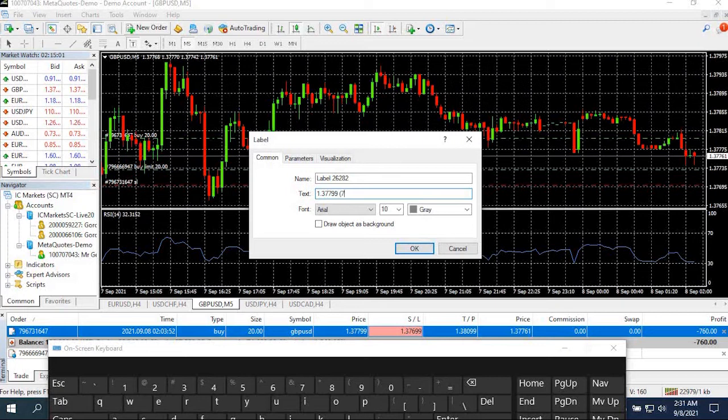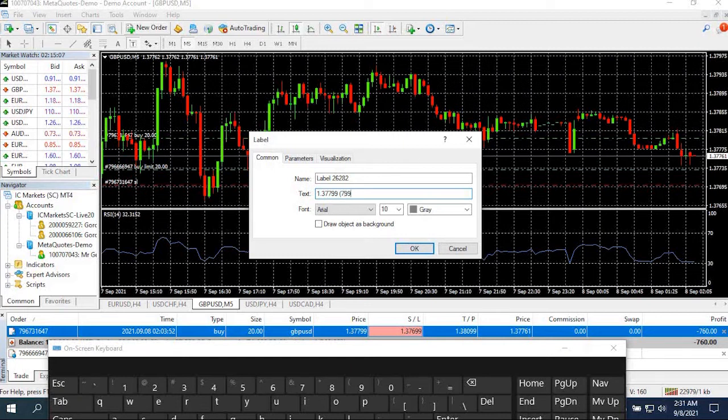So 799 minus 100, right? That would be your stop loss, a total of 1.37699, right?